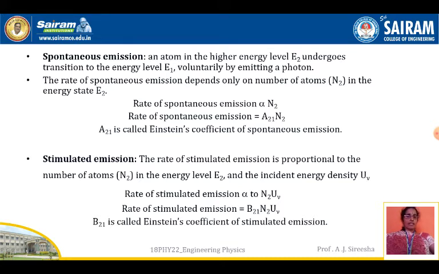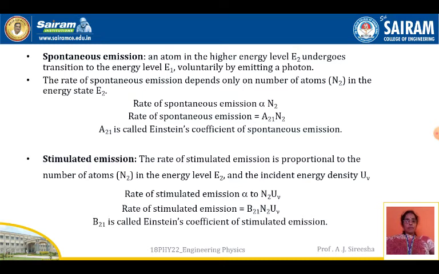Therefore, the rate of spontaneous emission is equal to A21 N2. A21 is called Einstein's coefficient of spontaneous emission. Here it is a transition from 2 to 1 without any external agency's help.